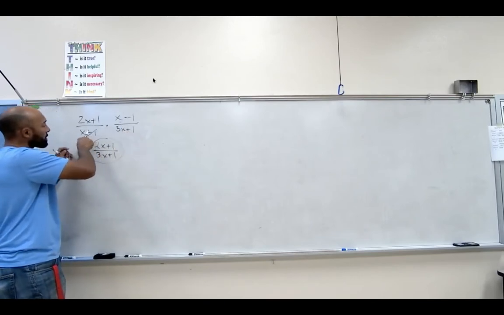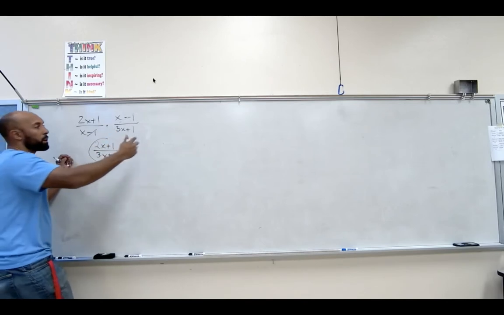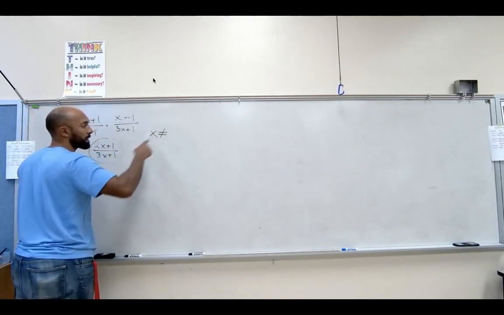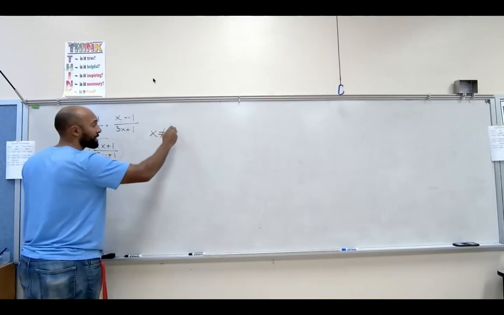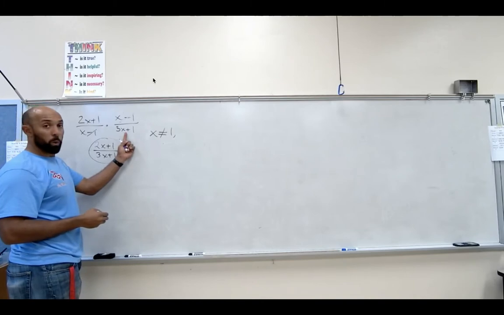And here, think about, what would you plug into x minus 1 to make that 0? Well, 1, because 1 minus 1. So think opposite, right? So my first excluded value is that x cannot, that's what the line through the equals sign means, cannot equal 1. The next excluded value is going to come from 3x plus 1.